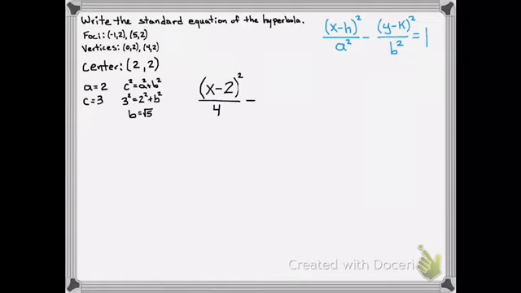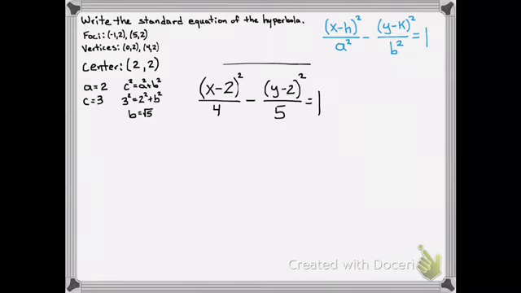Minus, now we do the y. y minus k. k is also 2 because the center of this hyperbola is at 2, 2. So y minus 2 squared, all of that over b squared. b is the square root of 5. If I do the square root of 5 squared, it is 5, and that equals 1.